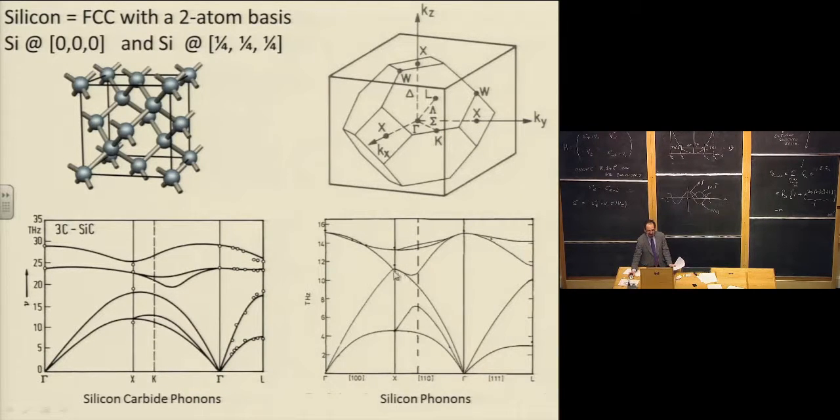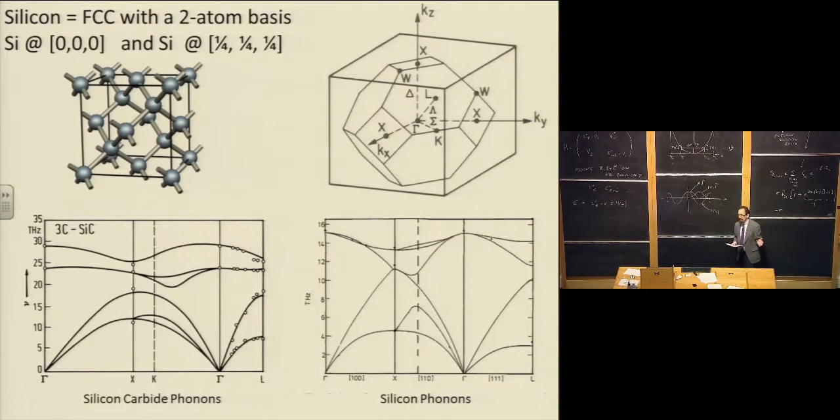Now you'll notice if you look at this point here at the X point, in this picture, silicon carbide, a gap has opened up. In this picture, a gap has not opened up. And it's coming from essentially the same physics. Even with phonon waves, in the 2, 0, 0 direction there's no backscattering, therefore you don't have an opening of a gap. Whereas in silicon carbide, you don't have perfect cancellation because this term would have F silicon, this term would have F carbon.